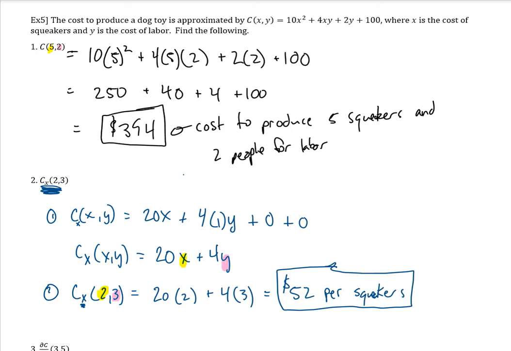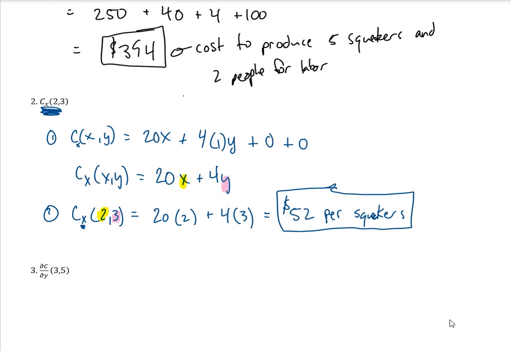Another phrasing is that it would cost $52 for 1 more squeaker. So to make another toy with 3 squeakers would be $52. But that's really all it is; just make sure it's still a rate, so something per something.